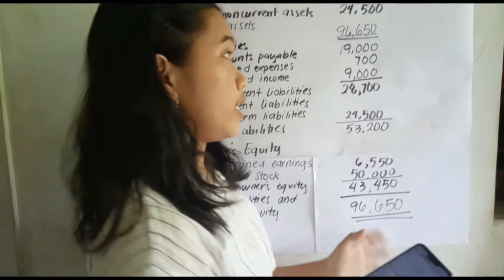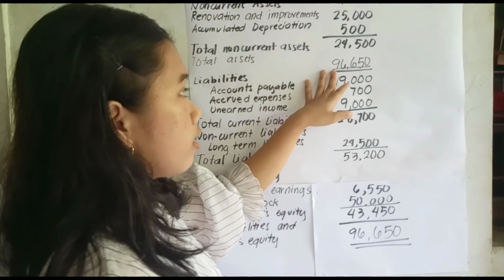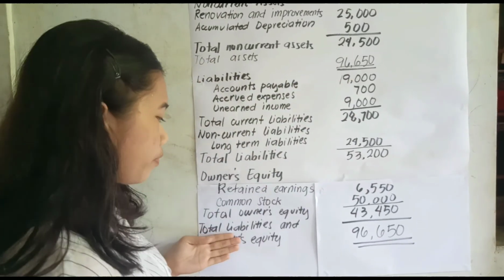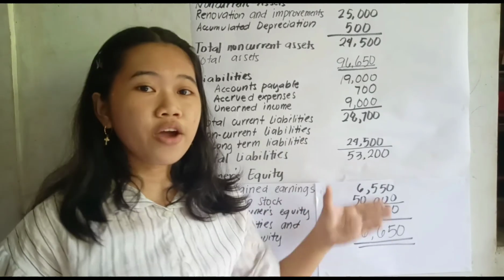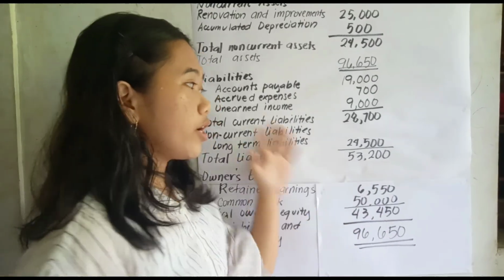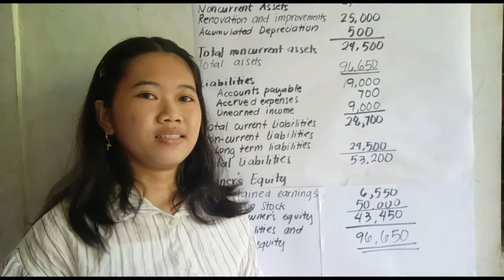So as you can see, the assets is equal to the total liabilities and owner's equity. So therefore, our answer is balanced.